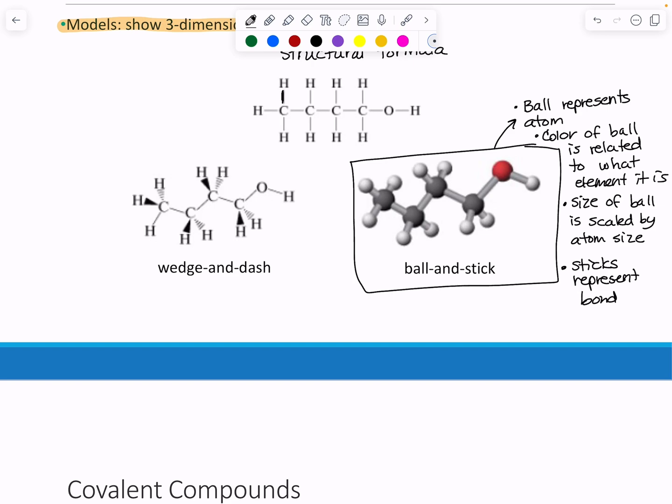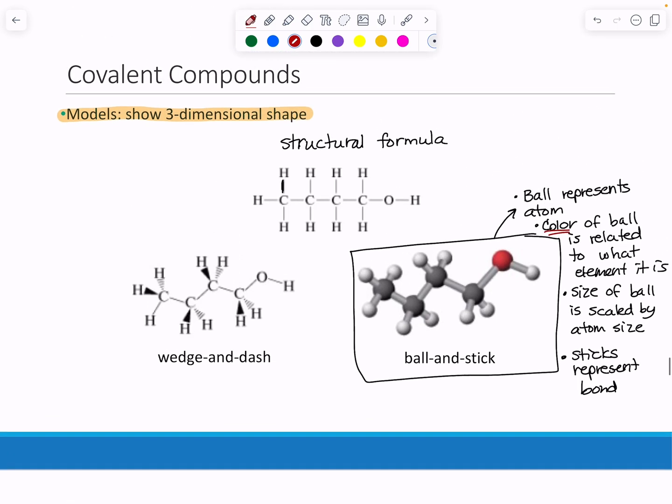So the color of the ball, there are standard conventions. Generally oxygen is red, nitrogen is blue, carbon is gray, and hydrogen is typically white.